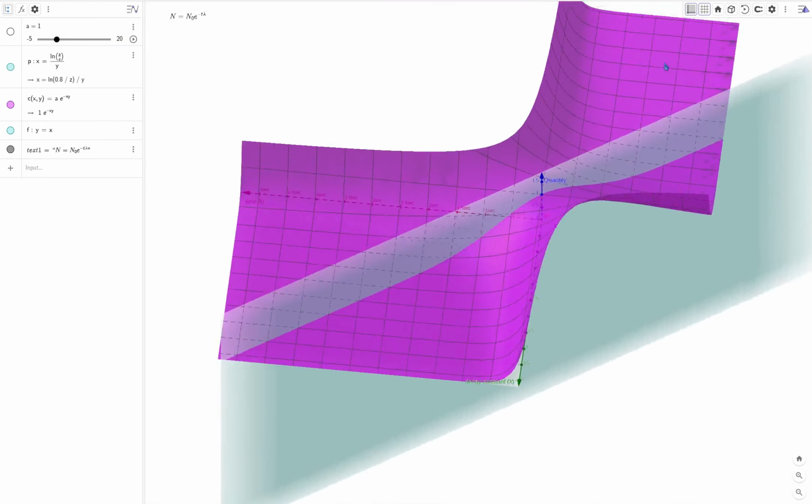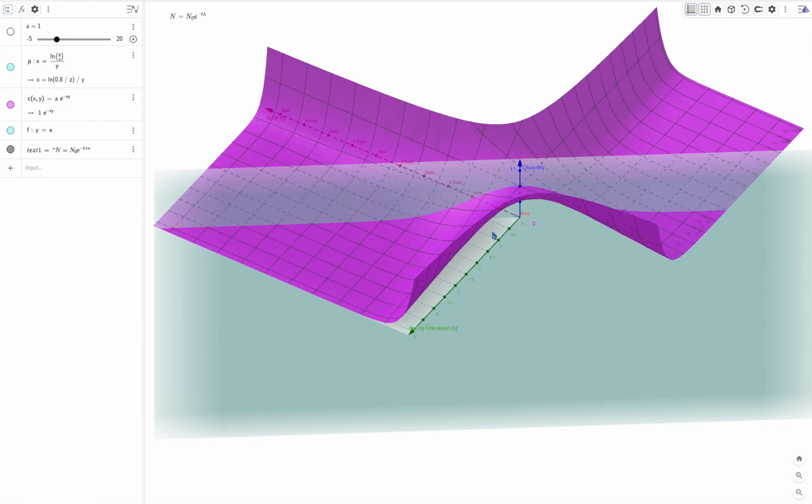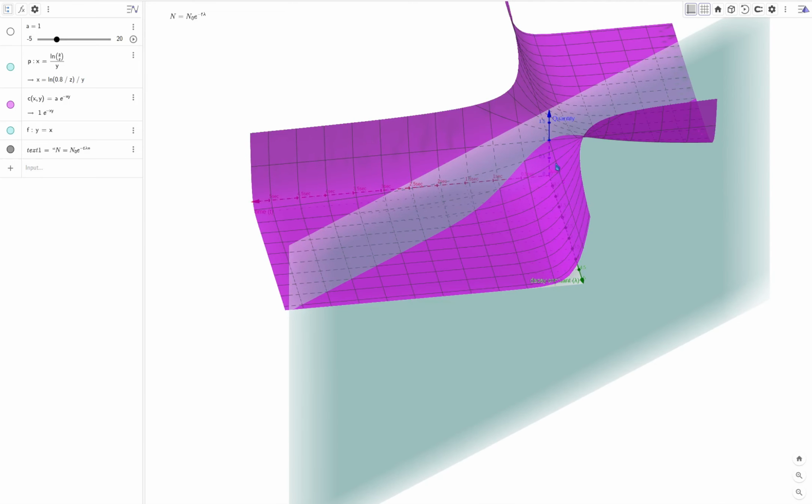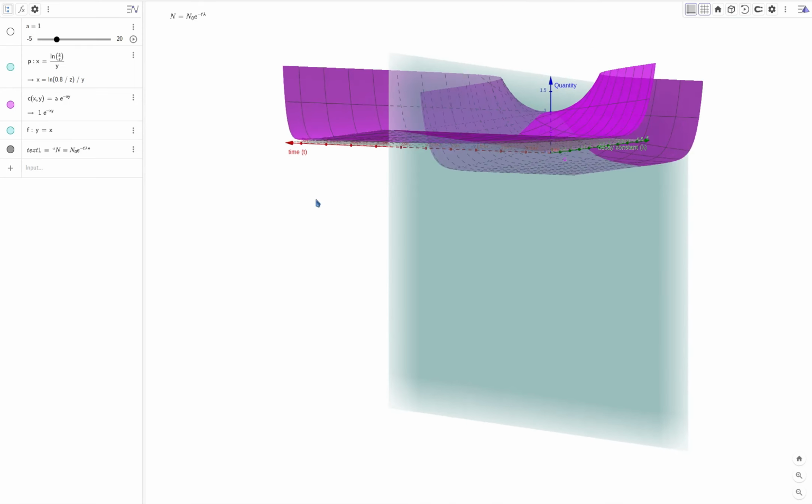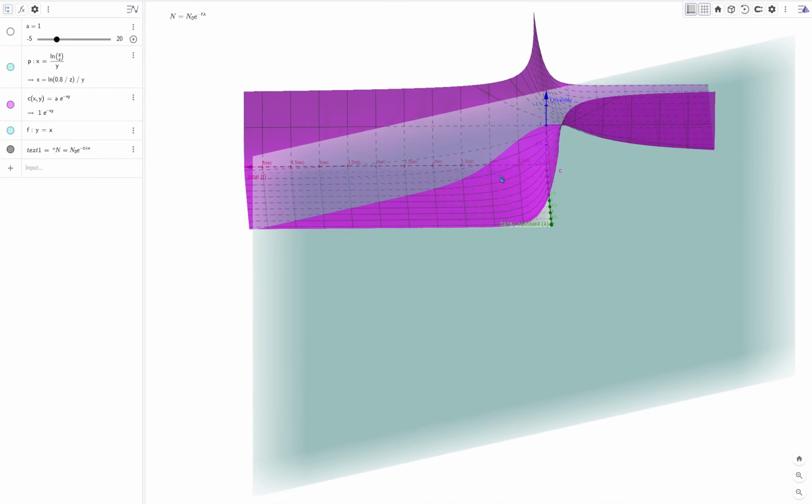Now if we move to a decay constant of 1, that decay is a little quicker and moves down to something that is close to 0 much quicker.